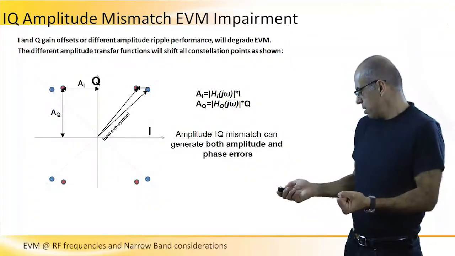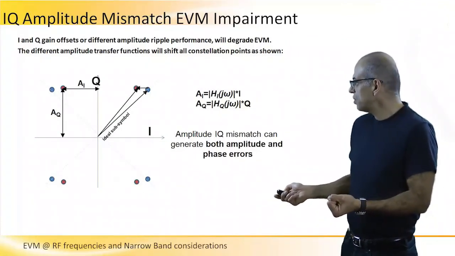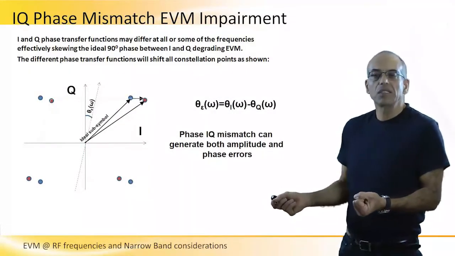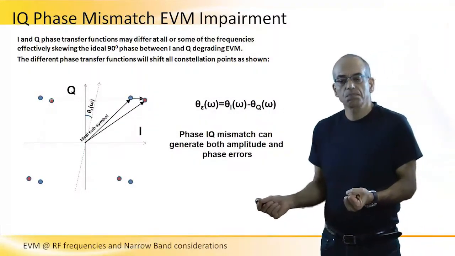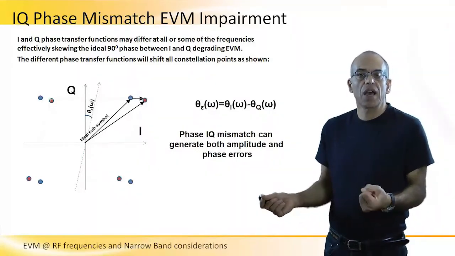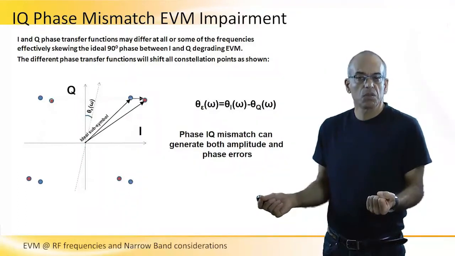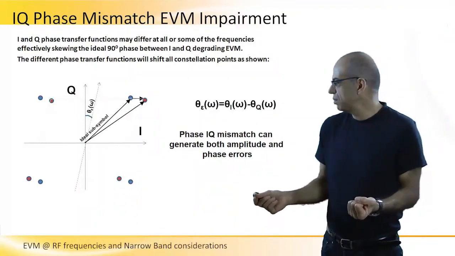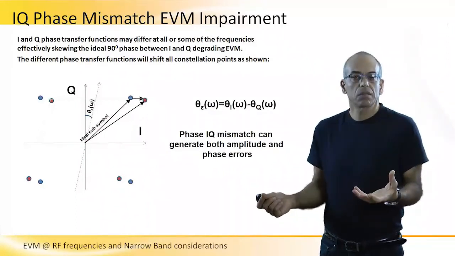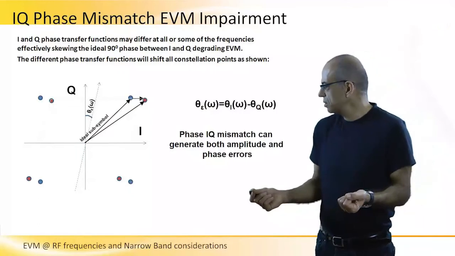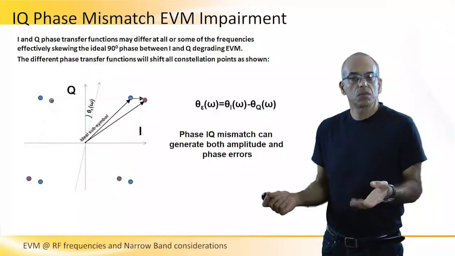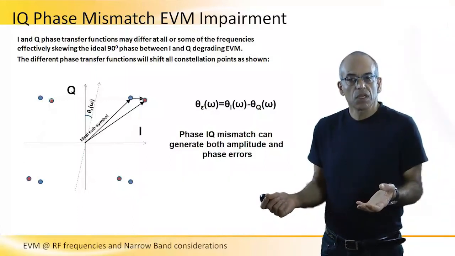And as we mentioned before, there may be a shift also in the theoretically 90-degree phase difference of the I and Q symbols. So we generate the constellation plan by orthogonal I and Q amplitudes.